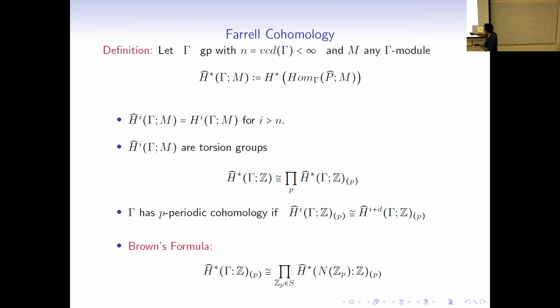One says that the p-primary component of this group is periodic if there is a d so that you have isomorphisms of this sort for every i. And you also have Brown's formula that tells you that the p-primary component of the Farrell cohomology of the group gamma is the product of the cohomologies of the normalizers, where this product runs over a set of conjugacy classes of the subgroups of order p in the group.